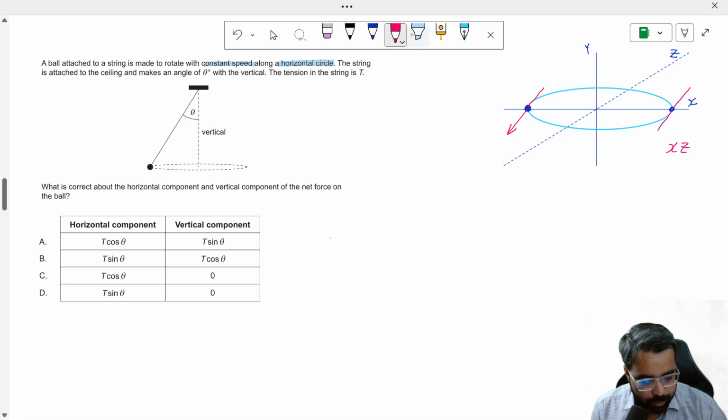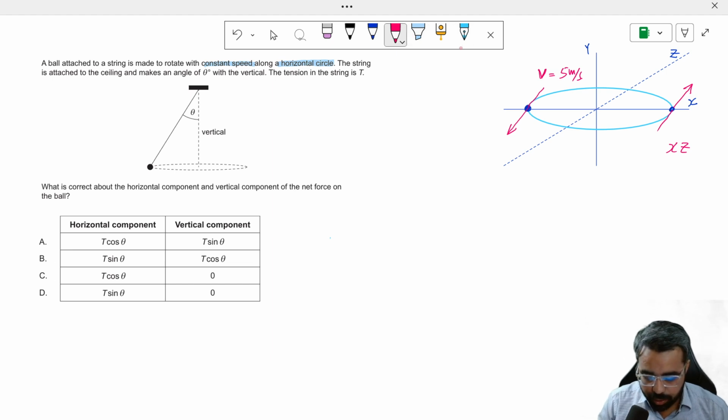Because the direction of the velocity is changing, we can't say that it's moving with a constant velocity, but the magnitude of velocity may be constant.